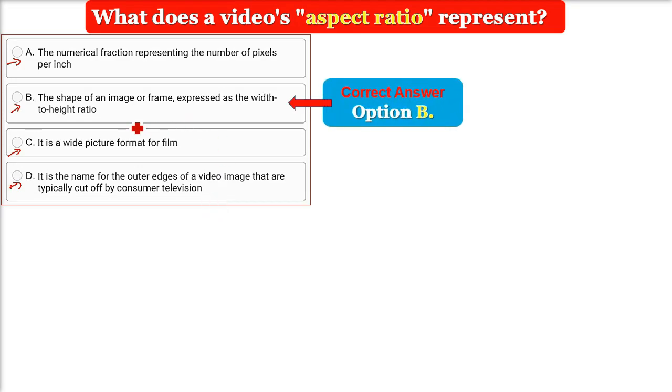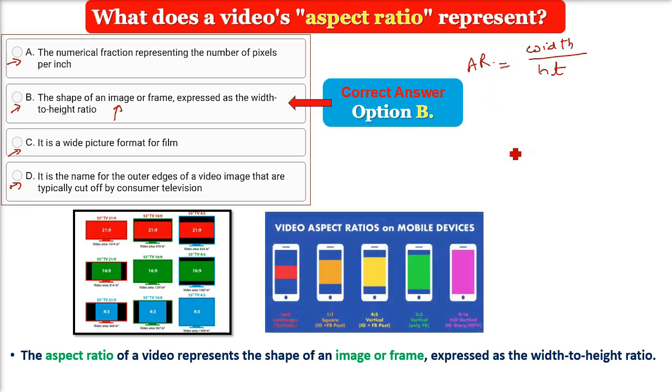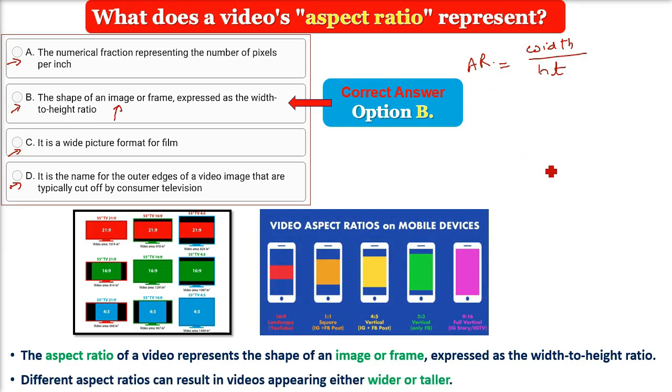Yes, it is option B, which is the aspect ratio of a video represents the shape of an image or frame expressed as width to height ratio. So this aspect ratio determines the proportion of the video's width to its height, and it plays a crucial role in how the video is displayed on different screens and devices.